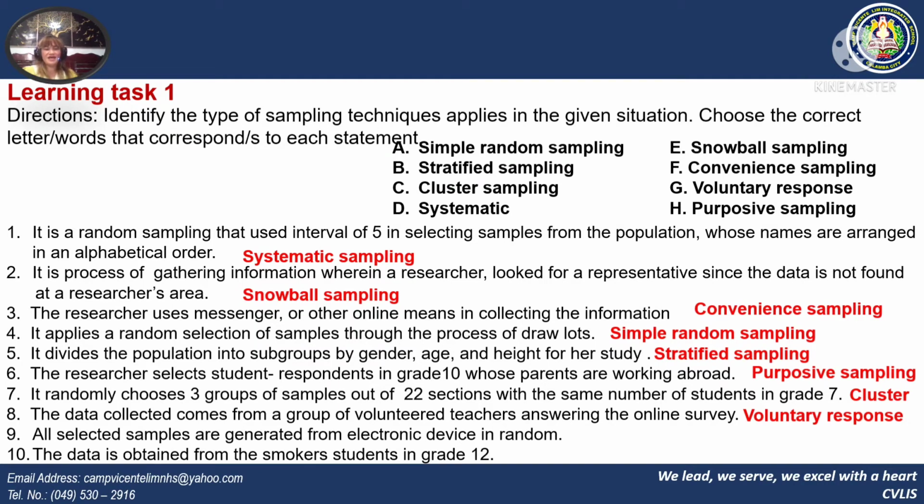Okay. 9, all selected samples are generated from an electronic device at random. Okay, so that's nice. Simple random sampling technique. Okay, for the last question, the data is obtained from the smoker students in grade 12.